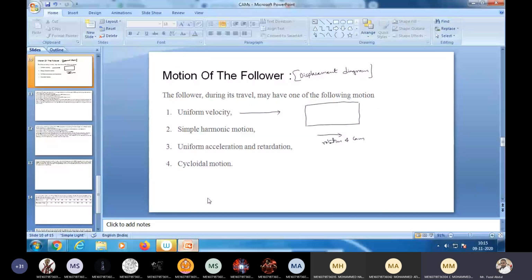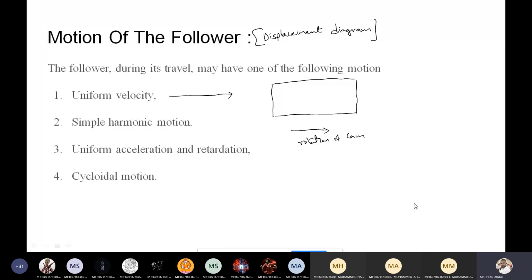For uniform velocity, the x-axis represents the rotation of the cam. The y-axis represents the lift or stroke of the follower.